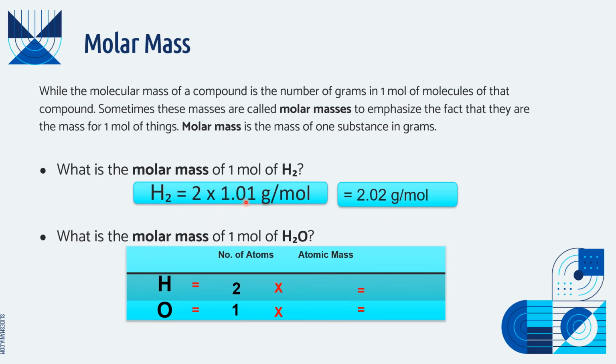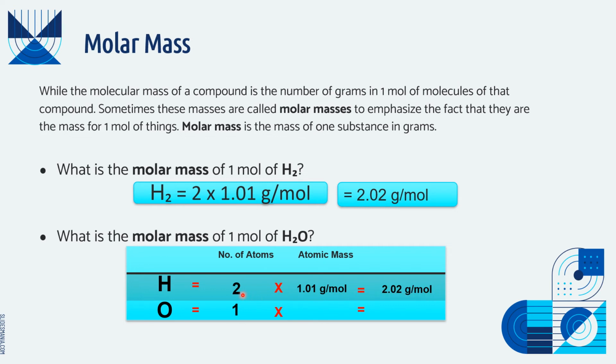What's the atomic mass of hydrogen? It was already mentioned that the atomic mass of hydrogen is 1.01 gram per mole. Where can we get the atomic mass? We can find the atomic masses of every element written on the periodic table of elements. How about the oxygen? Before we look at the atomic mass of oxygen, let us first compute: 2 times 1.01 gram per mole is 2.02 gram per mole.